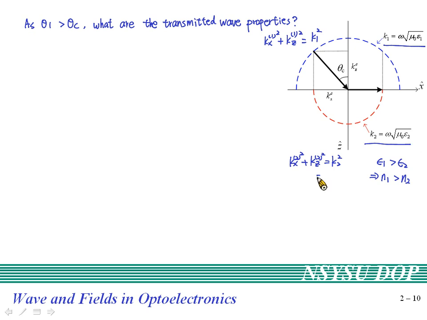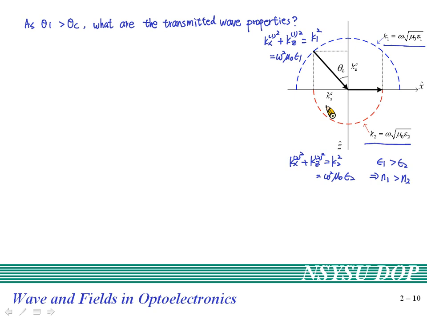Okay? Or you can just say k2 squared is ω squared μ0 ε2, and for k1, it is ω squared μ0 ε1. So the radius of the blue semicircle is k1, and the radius of the red semicircle is k2.